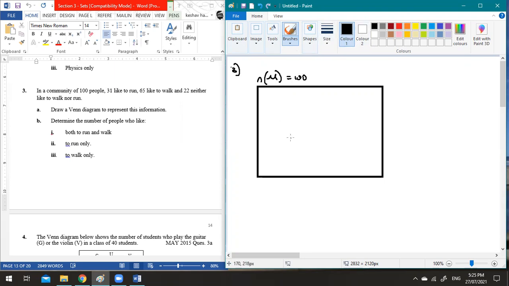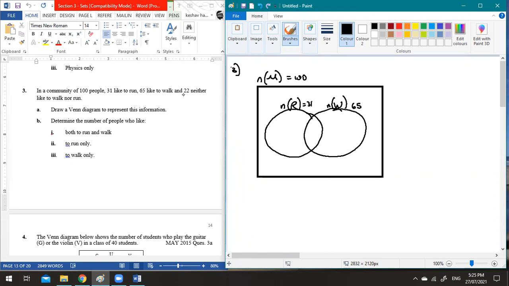We'll have 2 circles because there's 2 groups. So let's call this one R for running and W for walking. The number of people in the running group is 31, and the number of people in the walking group is 65.